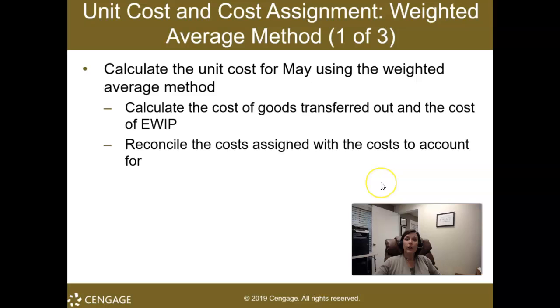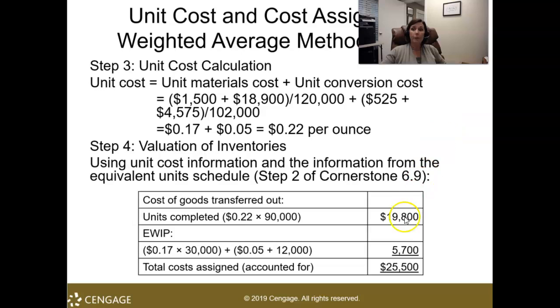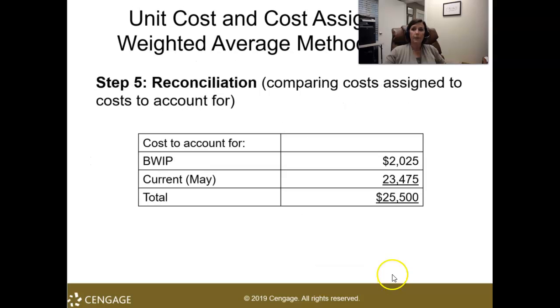So now we're going to look at our unit cost, and the math for this is the same as the math that we did before. We're now just dealing with different units. We've spent the same amount of money to get to this point. The answer is that the weighted average and FIFO are going to allocate these costs differently because we're now dealing with different equivalent units.